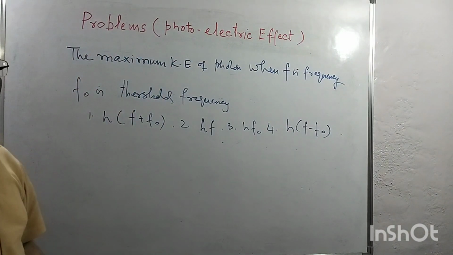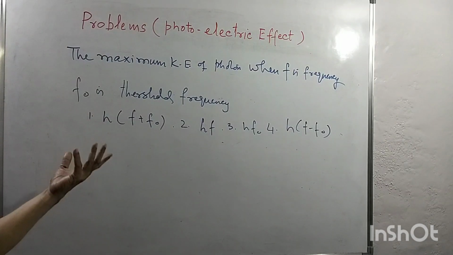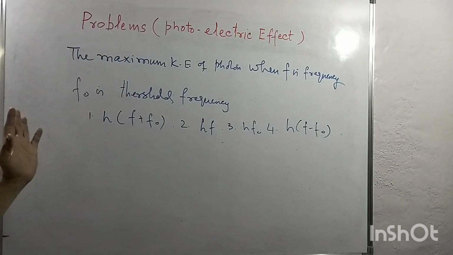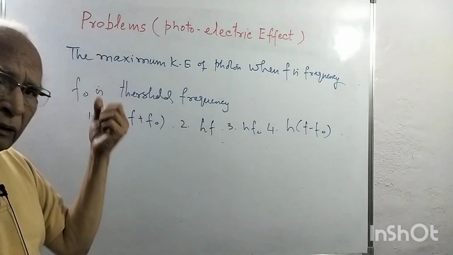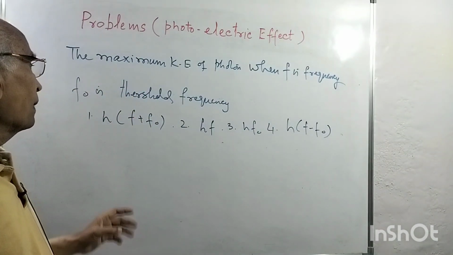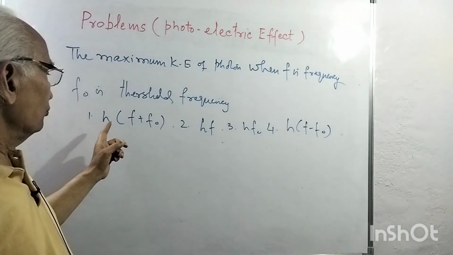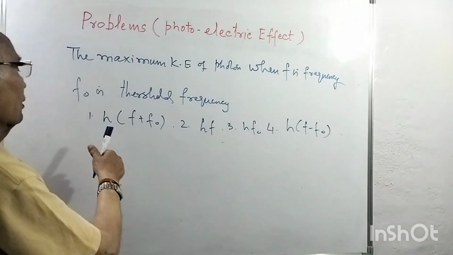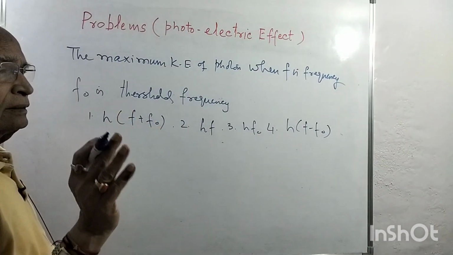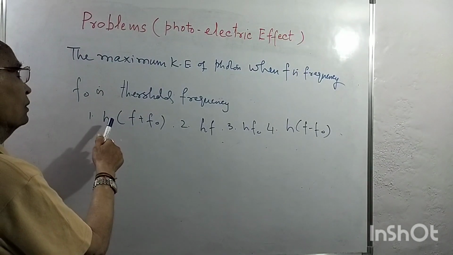Find out the maximum kinetic energy of the electron when the photon is incident. With this energy, the photoelectric effect takes place. So the frequency is f, and f naught is the threshold frequency for that metal. The electrons coming out will have maximum kinetic energy, whether this is the first, second, third or fourth answer. So let us judge. First, if we take the answer from common sense, there is no need of any mathematics. What is f plus f naught into h?